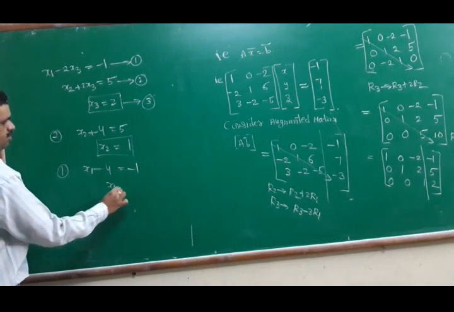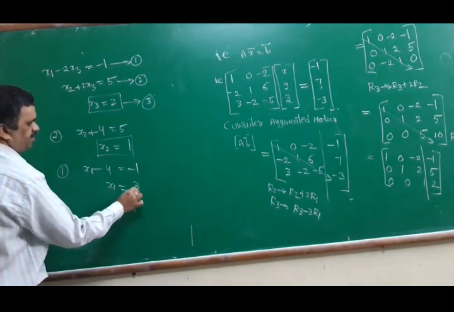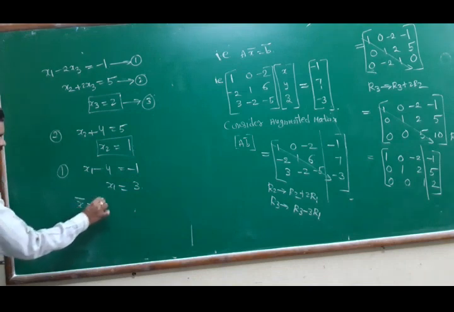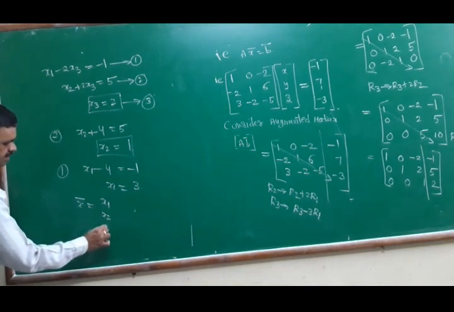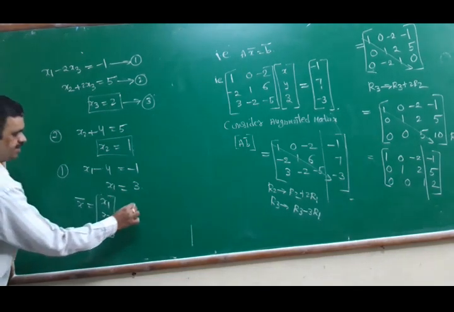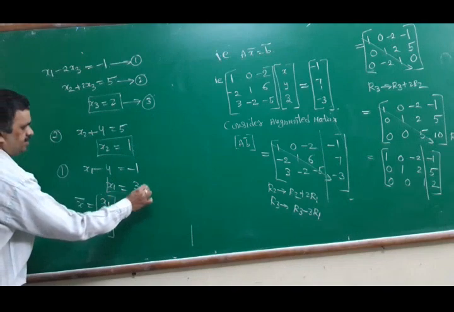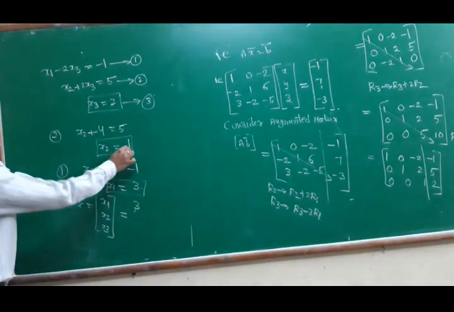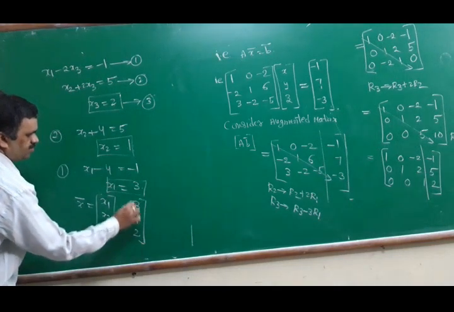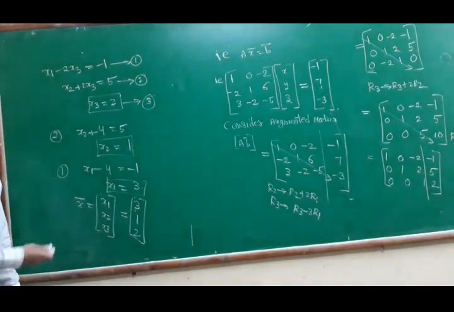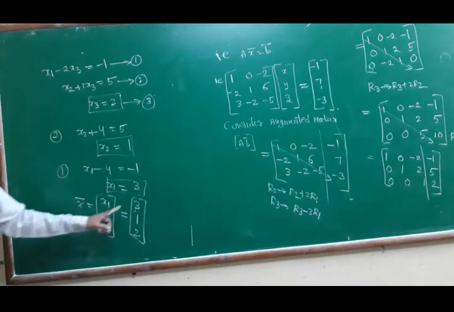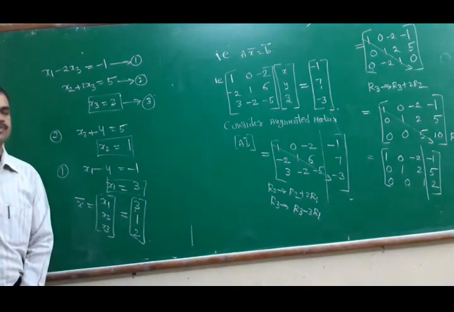So x1 is equal to minus 1 plus 4, which is 3. Therefore x bar is x1, x2, x3, which is 3, 1, 2. That's all. We have to find the vector x bar, so x bar is equal to 3 1 2.